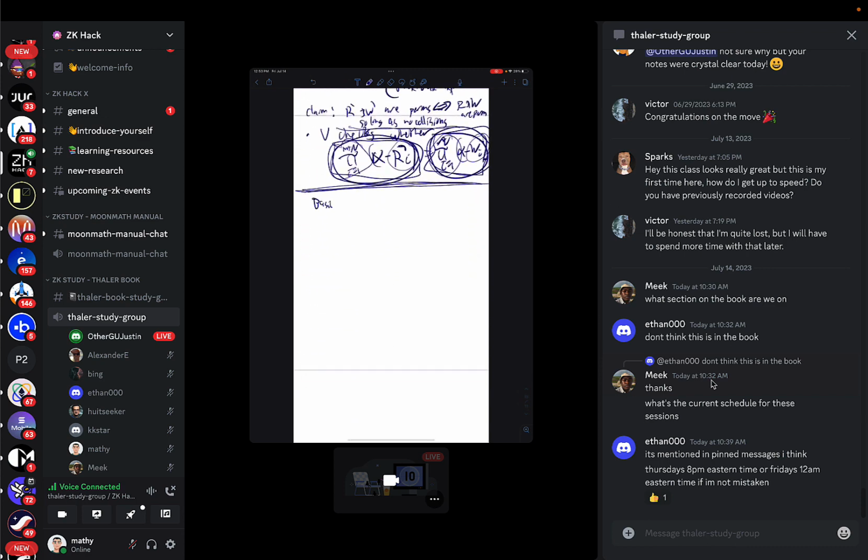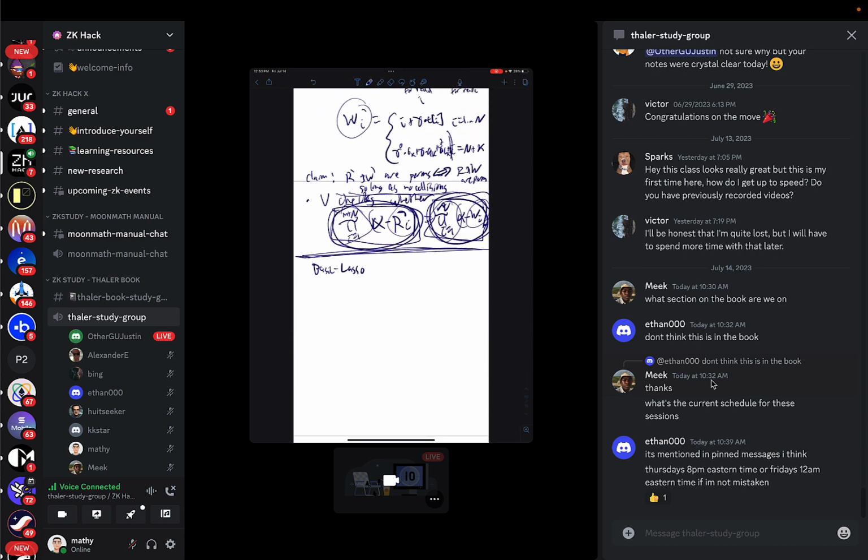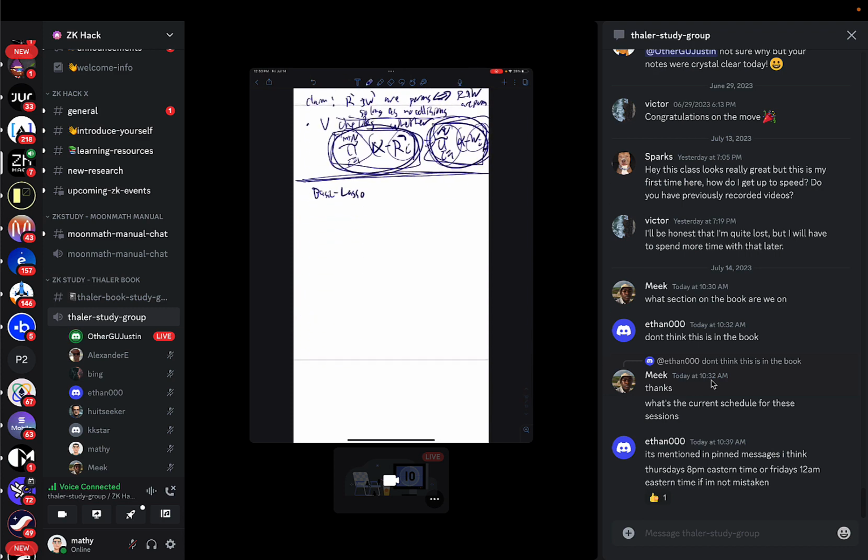Okay, yeah. So in the next few minutes, we've basically seen basic Lasso, and I'm also just repeating the overview I gave before. Basically, in an index lookup argument, the prover will, as part of the setup of the problem, have already committed to A and B, A being the values and B being the indices.